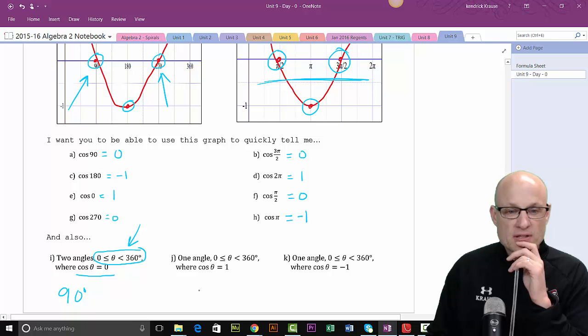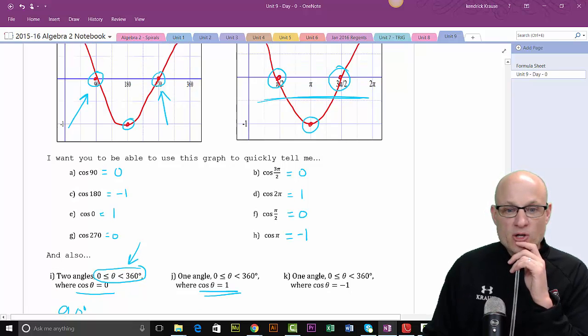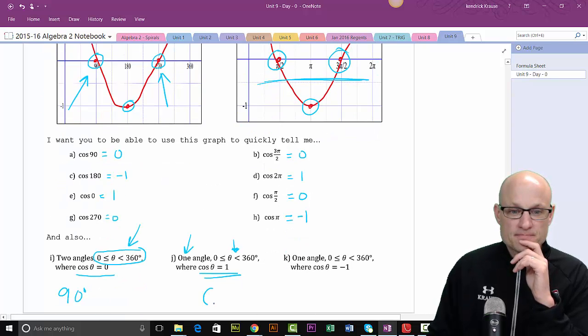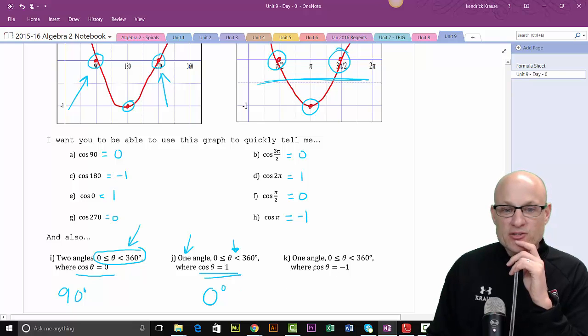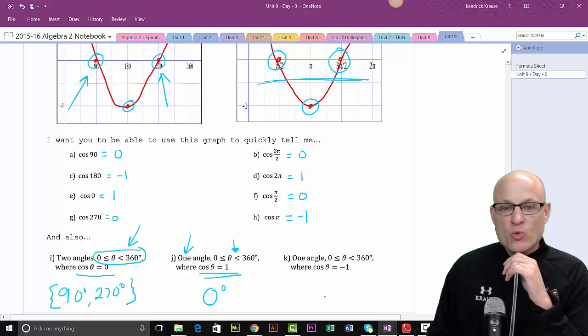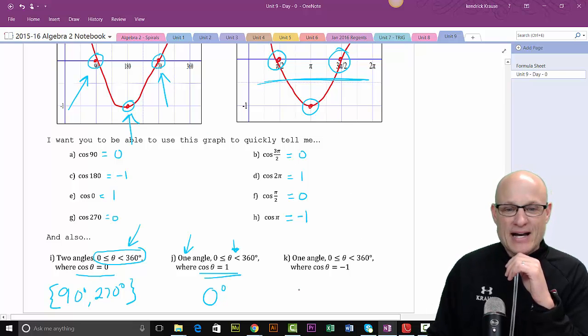Where does cosine equal 1? Notice no 'list 2' here. That's why I'm only asking for one angle. And that would be at 0 degrees. And list 2 angles, 90 and 270, sorry. And list 1 angle where cosine is -1. That's down here at pi or 180 degrees.